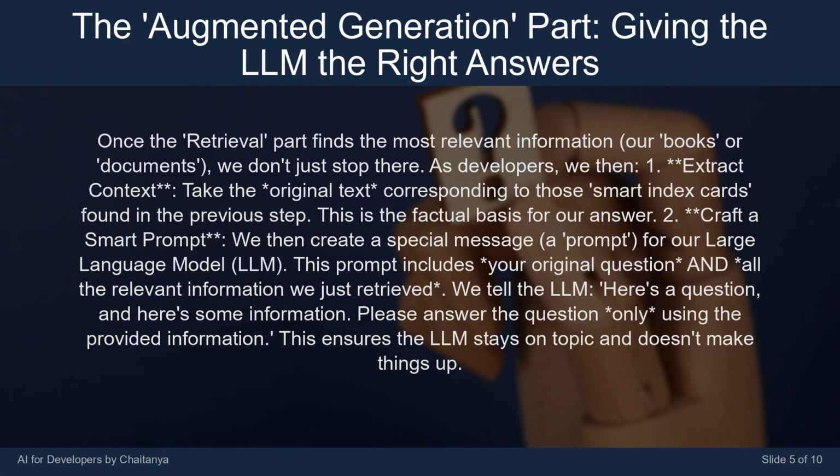We then create a special message, a prompt, for our large language model, LLM. This prompt includes your original question and all the relevant information we just retrieved. We tell the LLM, here's a question, and here's some information. Please answer the question only using the provided information. This ensures the LLM stays on topic and doesn't make things up.